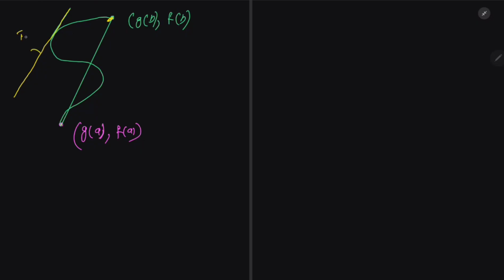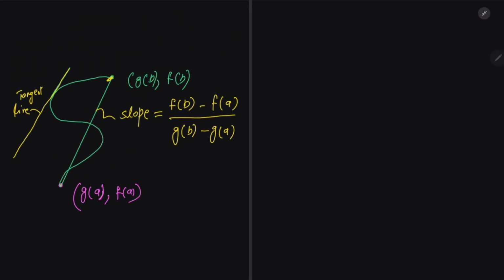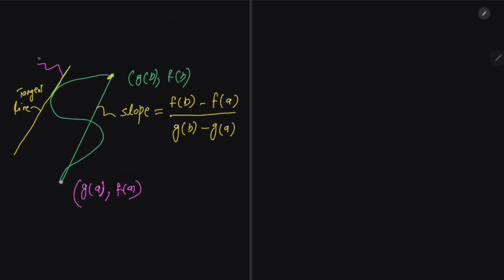This is the slope that we are talking about in terms of parametric form, and that is f of B minus f of A divided by g of B minus g of A. This is the slope of this secant line, and this is the slope of the tangent line, and we have f dash C divided by g dash C. This is the interpretation of Cauchy's mean value theorem.